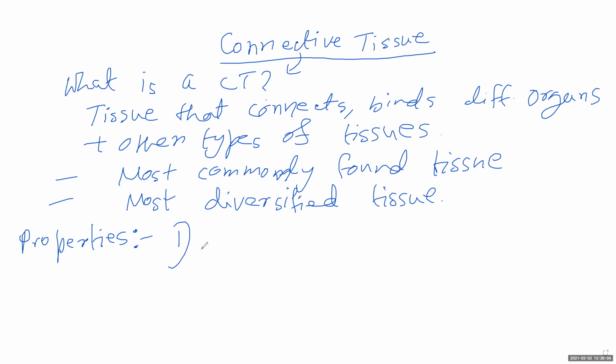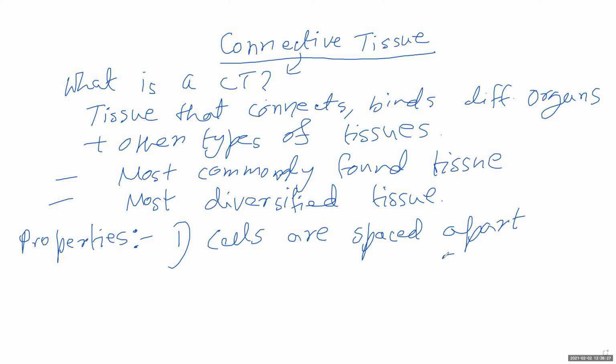The first property, which is different from epithelial tissue, is that in connective tissue, the cells are placed apart, or you can say spaced apart. Cells never make contact with one another in connective tissue.